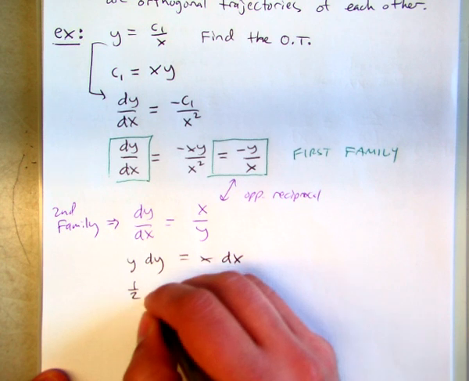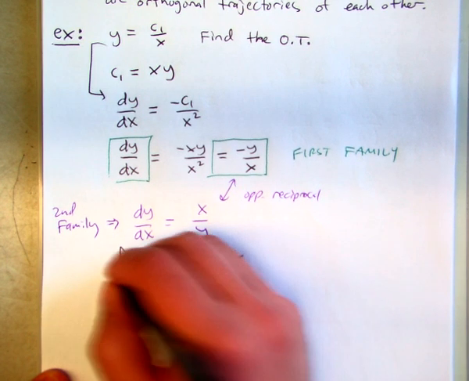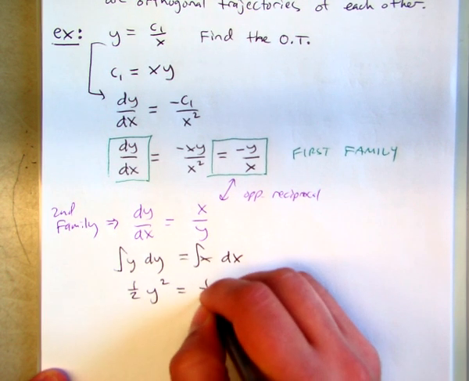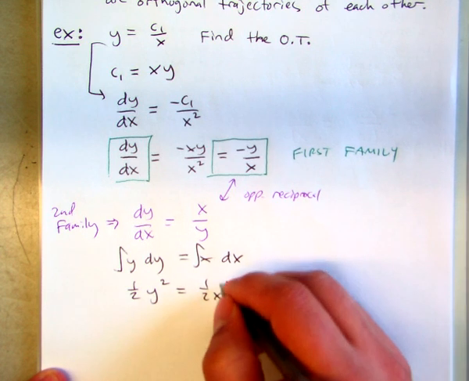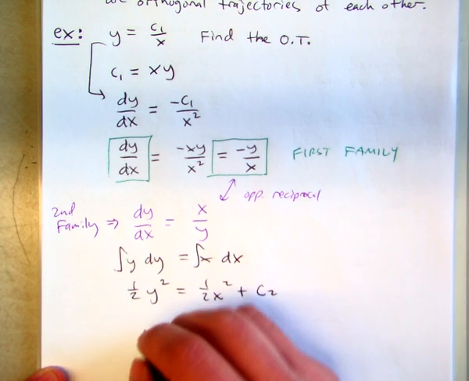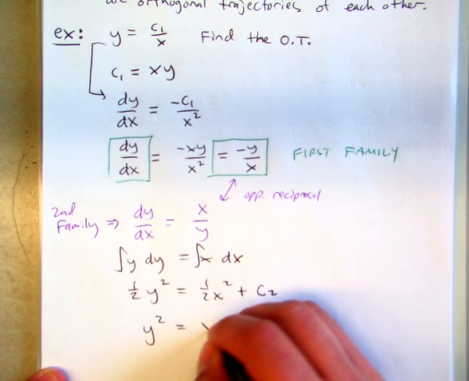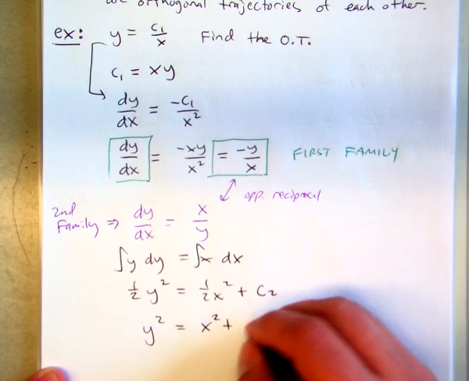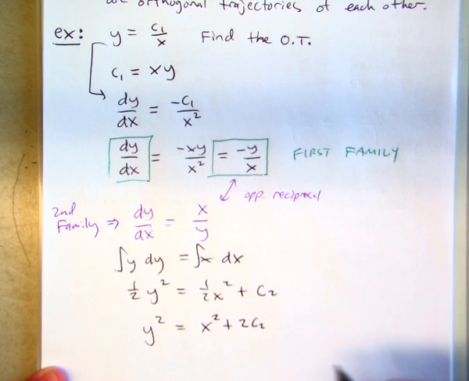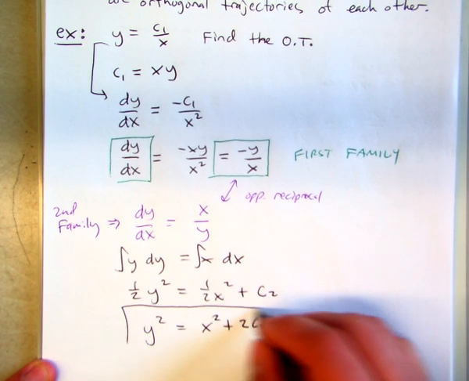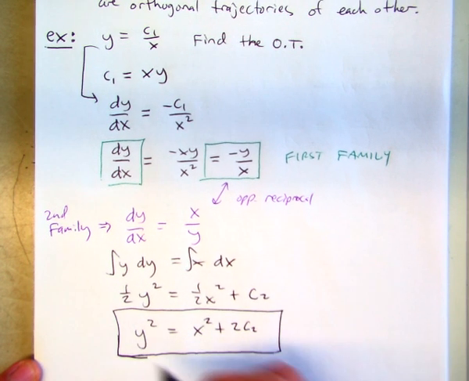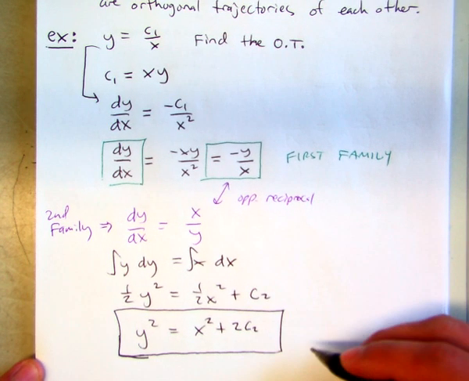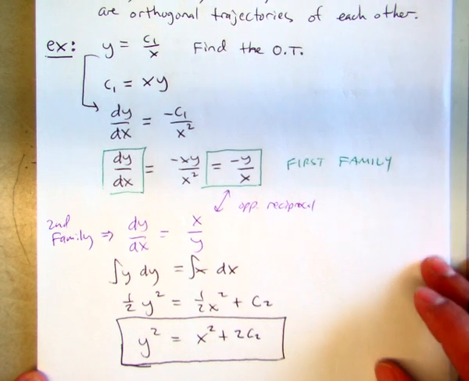So if I go ahead and integrate, 1/2 y squared equals 1/2 x squared plus a new parameter c2. Or we could just say y squared equals x squared plus 2c2. So here are the orthogonal trajectories of the first family.